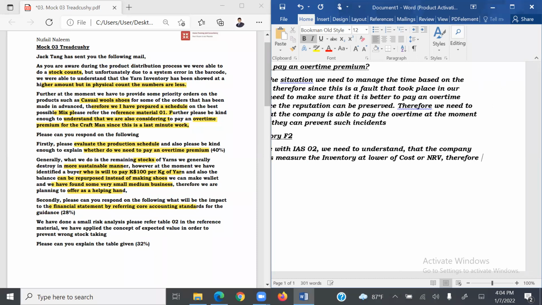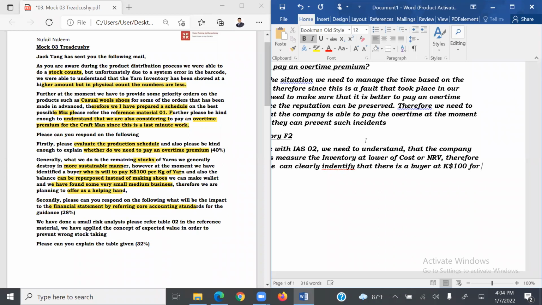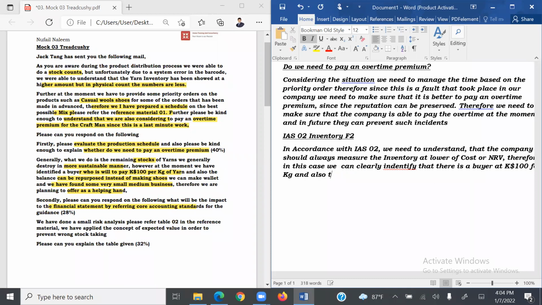Therefore, in this case, we can clearly identify that there is a buyer at $100 per kg, and also we are giving the stocks away.